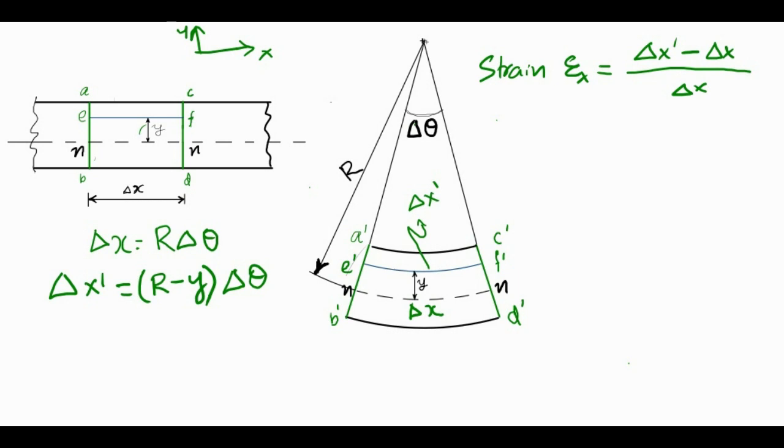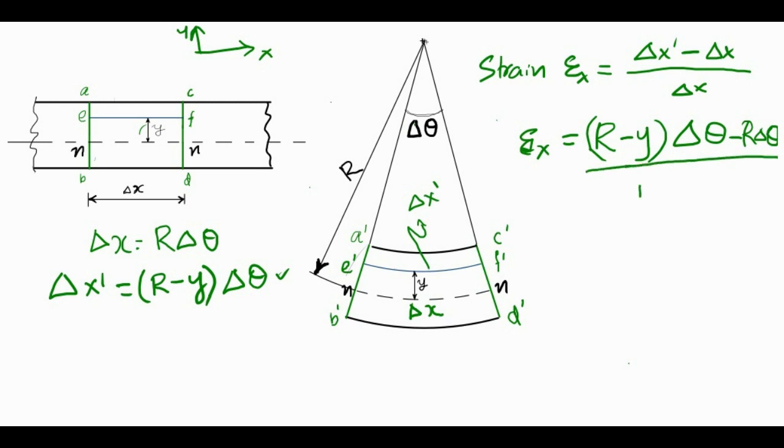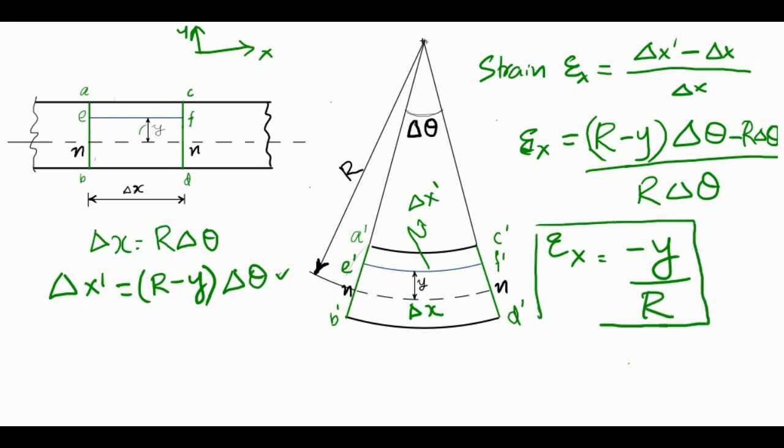So we will get epsilon x is equal to, we have delta x dash is r minus y into delta theta, and delta x was r delta theta, and it is here also r delta theta. So this will give epsilon x is equal to minus y by r. This gives the strain of any layer y distance away from the neutral axis.